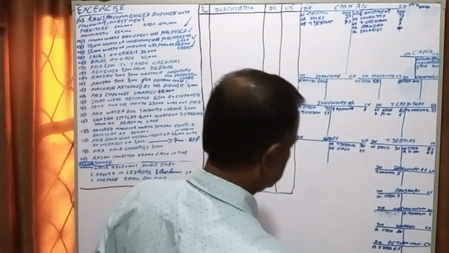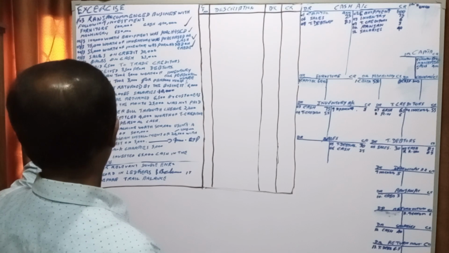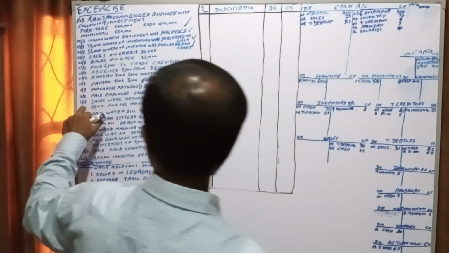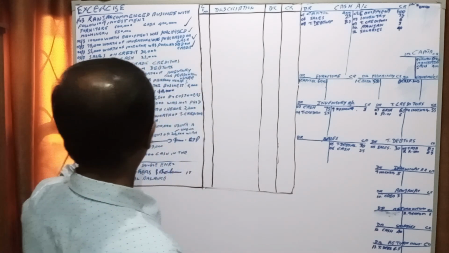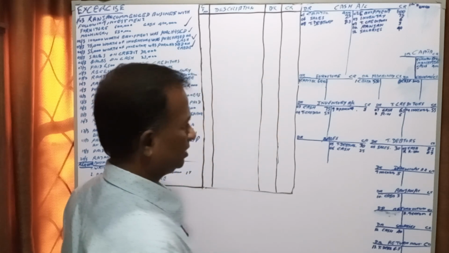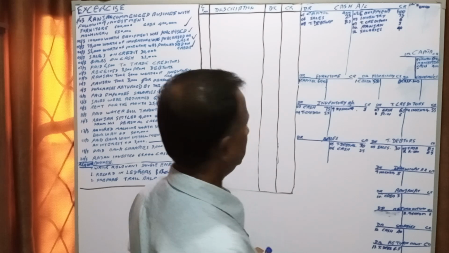So number 13 says sales were returned, 6,500 worth of goods were returned by the trade debtors.